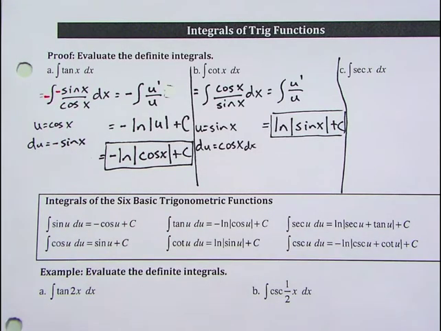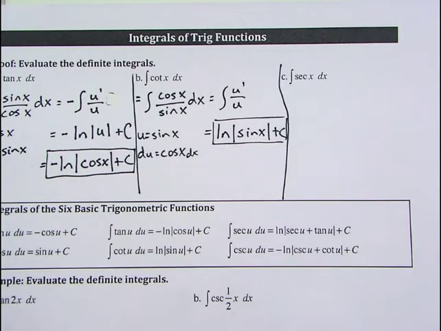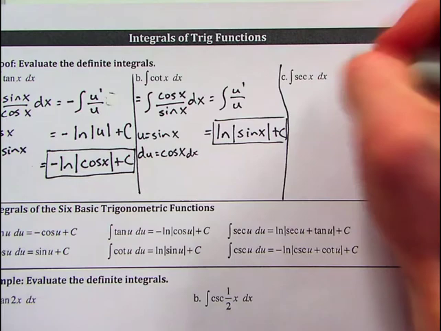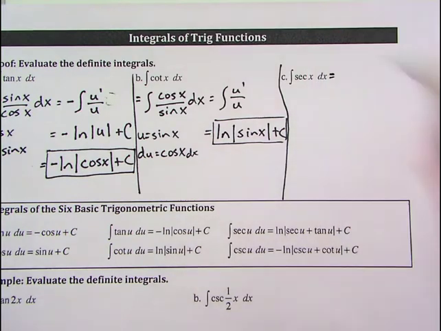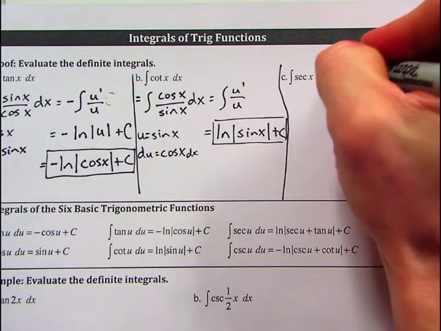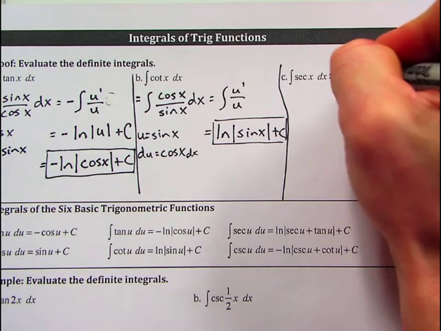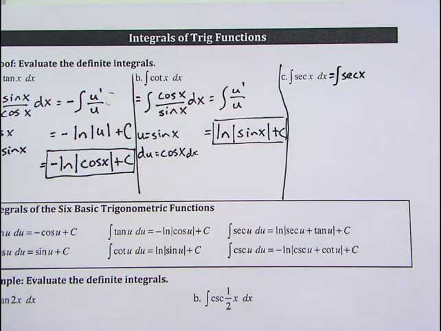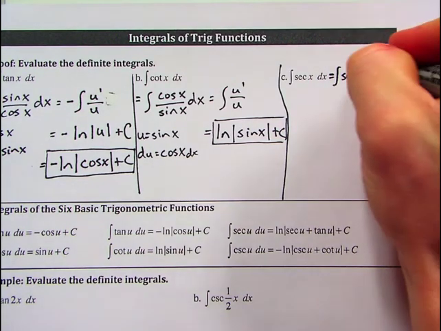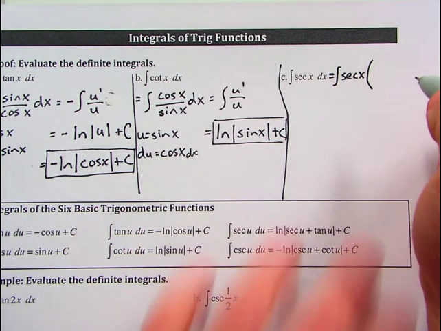Now this next one is pretty tricky, and you might not be able to just stumble upon this on your own. So we're still going to have the integral of secant x, and we're going to multiply by 1. But watch what we do. This is kind of crazy.